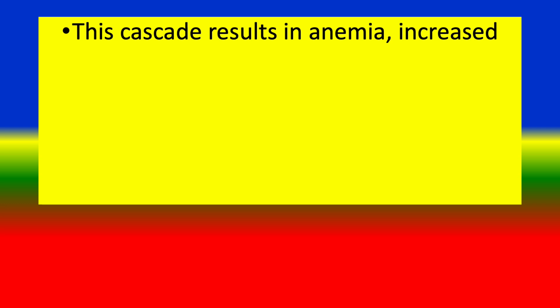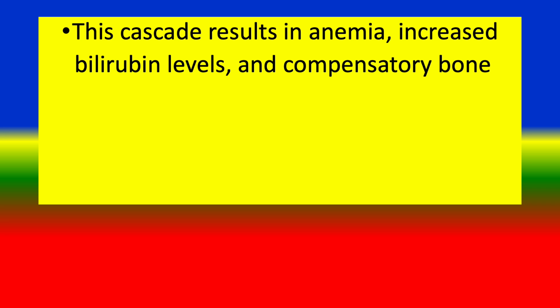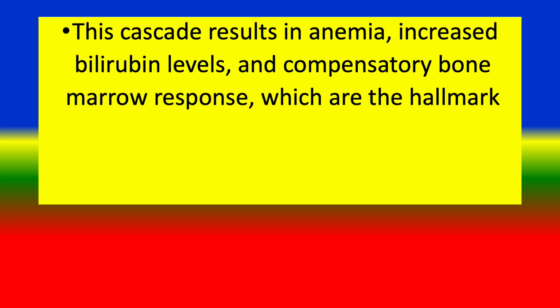This cascade results in anemia, increased bilirubin levels, and compensatory bone marrow response, which are the hallmark features of AIHA.